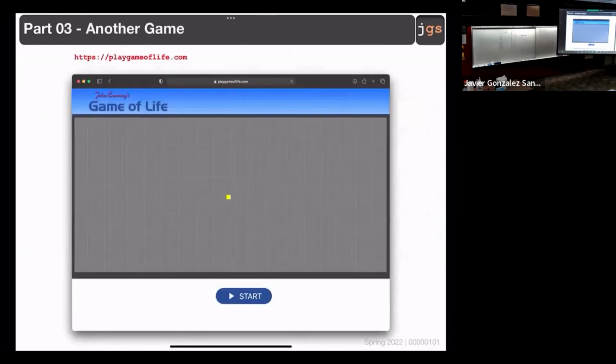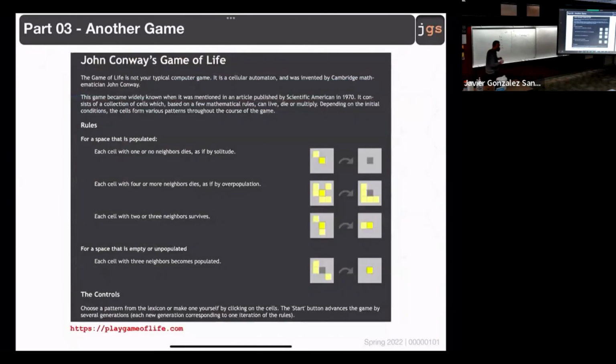Okay, and number three, this game. And this game, probably you do not know the game, but I am giving you the URL in which you can go and read the explanation of the game. That is going to be something like this page. So Pacman, Space Invaders, and this crazy game of life. I am asking you for the requirements of those systems as you did before.